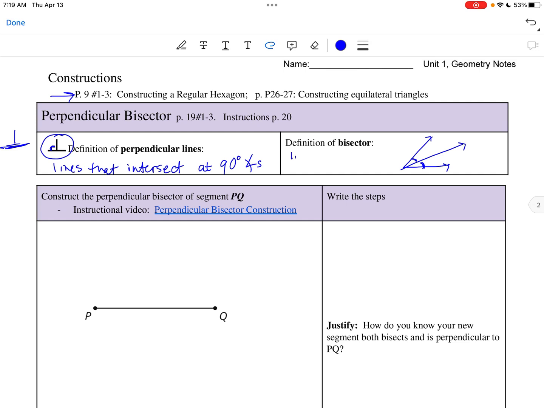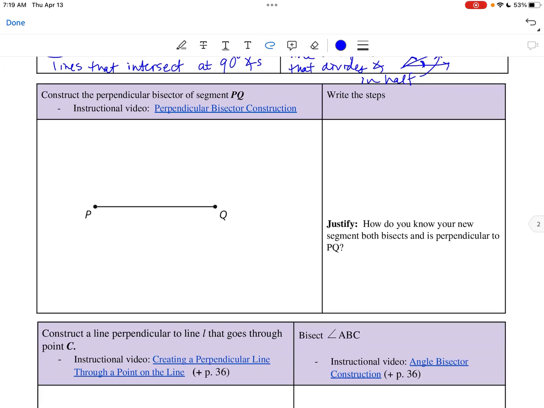So I'll just say line or segment that divides an angle in half. So that's the bisector.